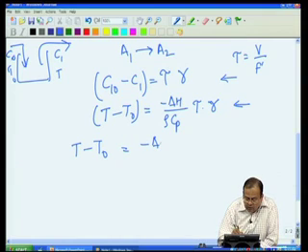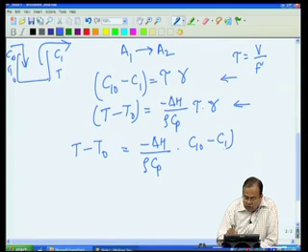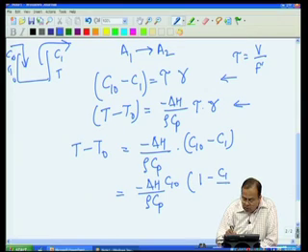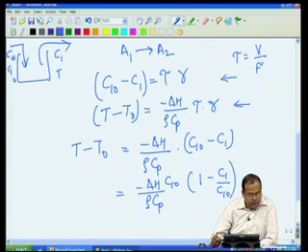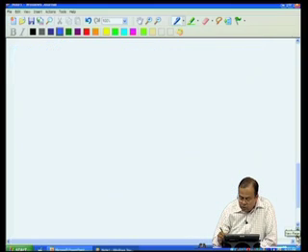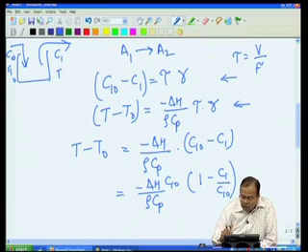So, we can write delta H by rho Cp into C10 minus C1, that is, instead of tau R, we will write it as C10 minus C1, which I can further simplify as minus delta H into C10 by rho Cp into 1 minus C1 by C10, or C10 minus C1 by C10, which according to our definition of conversion is nothing but the conversion.